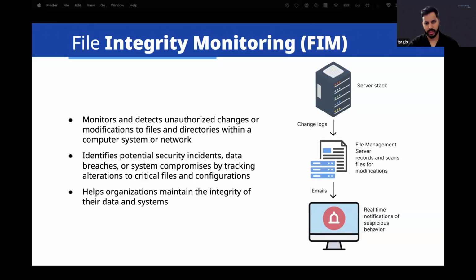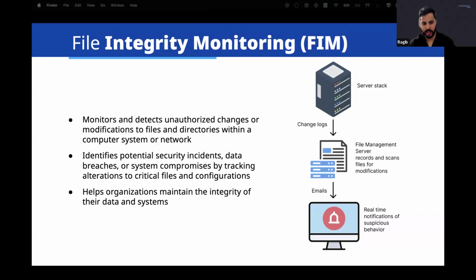Let's talk about file integrity monitoring, or FIM. FIM is a crucial security technology that continuously monitors and detects any unauthorized changes or modifications to files and directories within your computer system or across your network. By tracking alterations to critical files and configurations, FIM helps identify potential security incidents early, such as data breaches or system compromises.